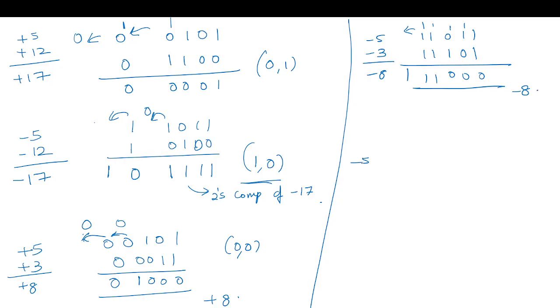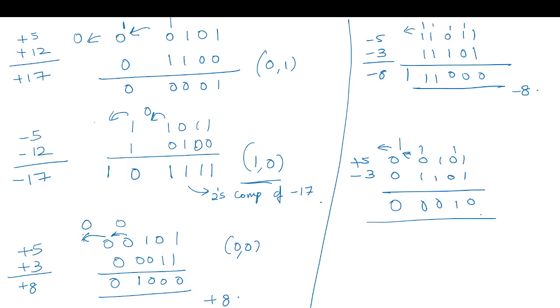And similarly, if we do plus 5 minus 3, carry 1, 1, 0, carry 1, 0, 1. So here also the carry is 1. And the outside carry is 1 plus 1, 1.